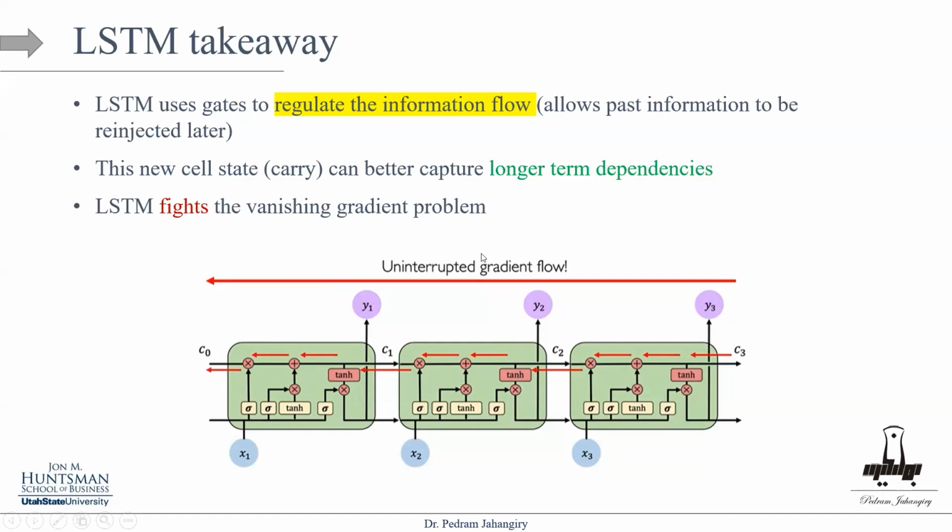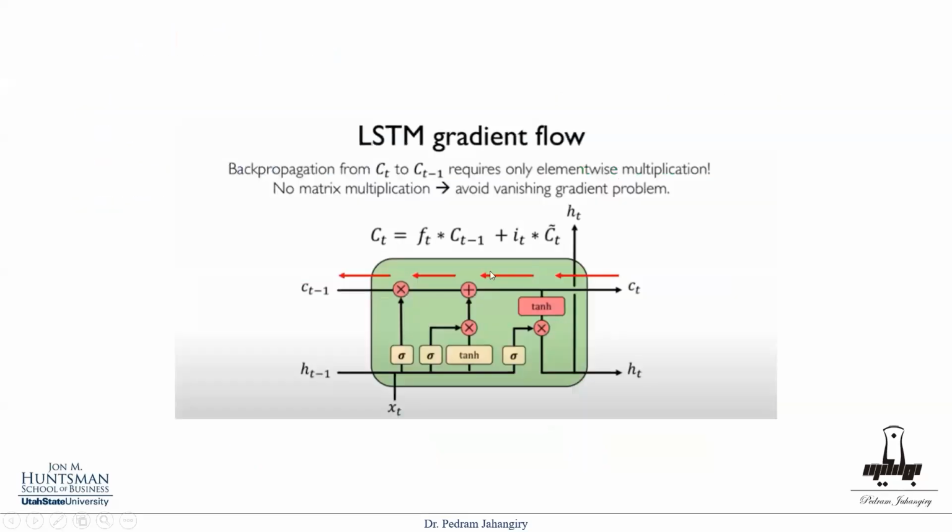This fights the vanishing gradient problem because now when you're doing backpropagation, and you're going through the long-term memory, the path that you go back is not like the RNN. When I'm taking the derivative with respect to this long-term memory, it's a bunch of element-wise multiplications and summations. So this is different from the RNN that we had.